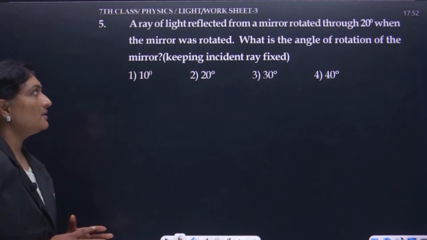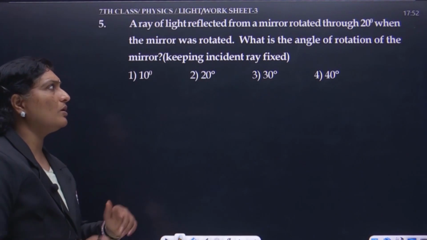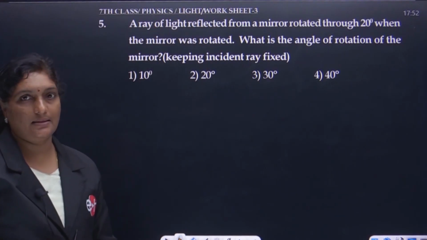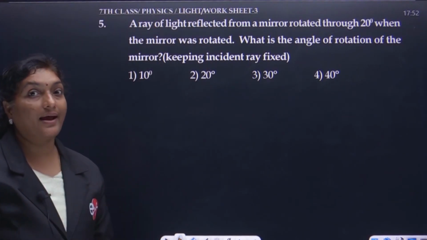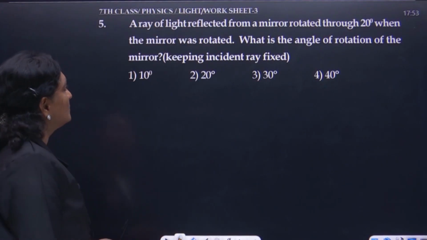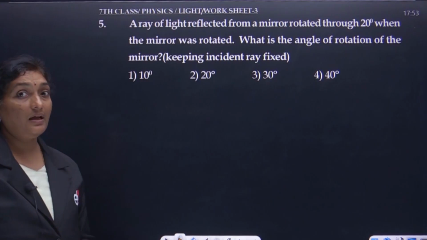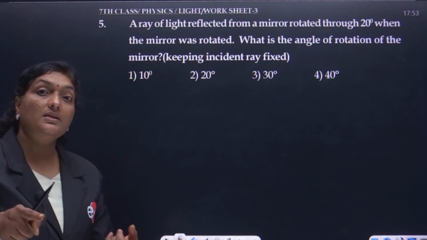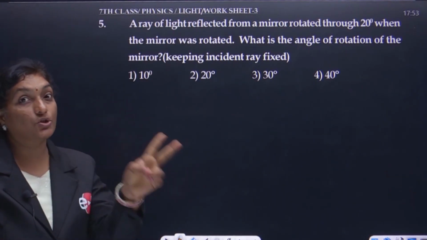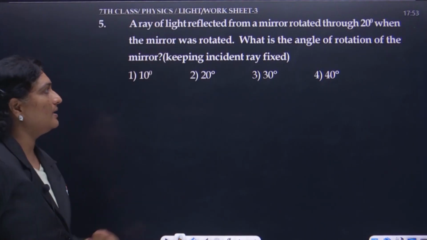A ray of light reflected from a mirror is rotated through an angle of 20 degrees. The reflected light is rotated by an angle of 20 degrees. When the mirror was rotated, the deviation produced in the reflected ray, that is 2 theta, is given as 20 degrees.